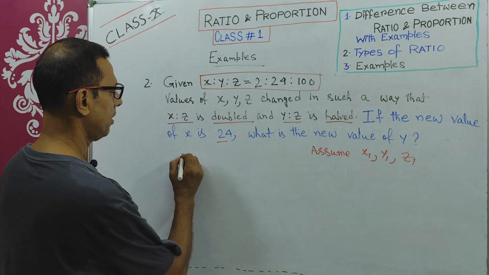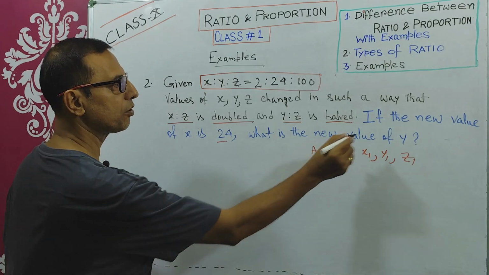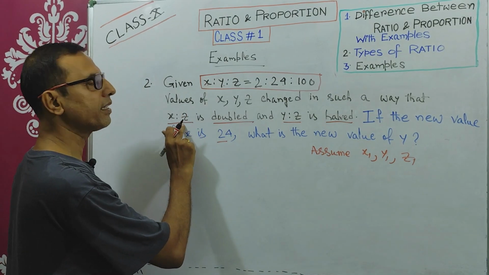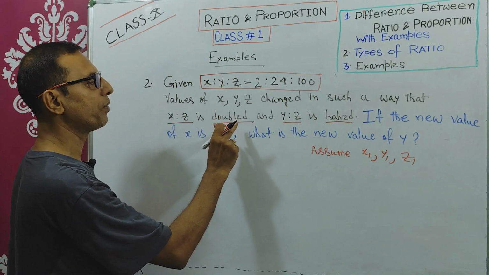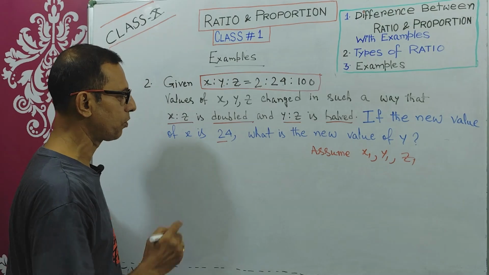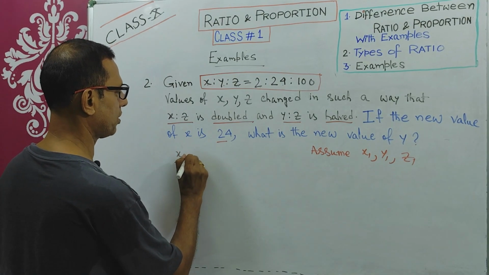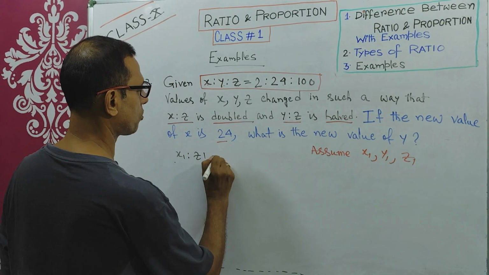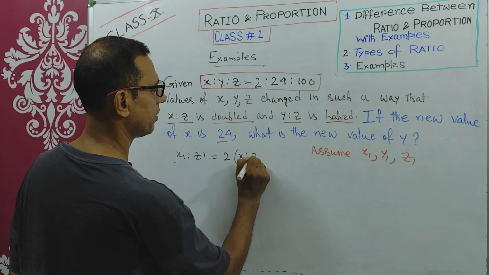That means that assume, and what are the new values of y? That means you need to find out y1. So first you understand the given condition. The x is to z is doubled with the new value of x1 and z1. That means x1 is to z1, these are the new values, equals to 2 of x is to z.